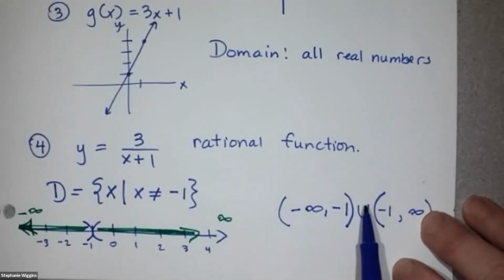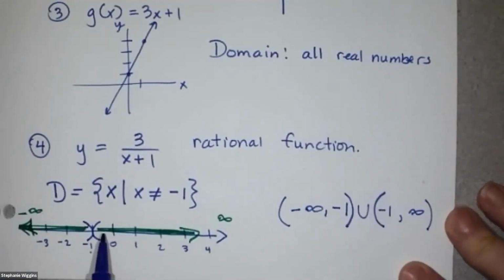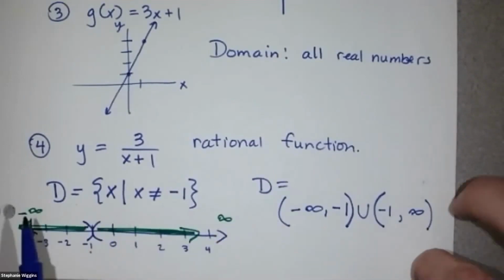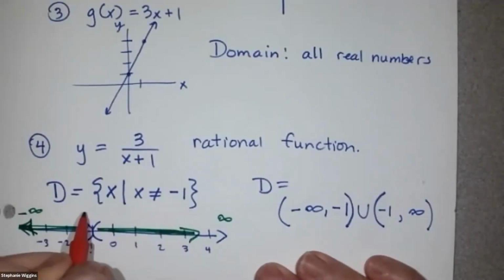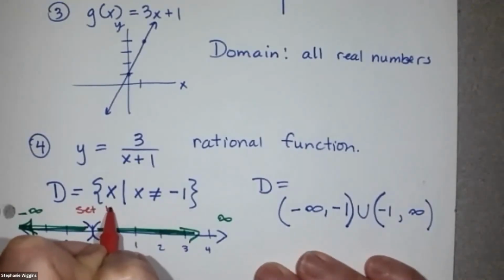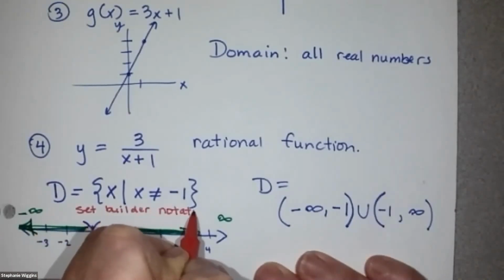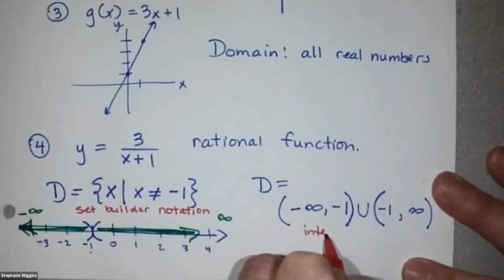So this interval represents this half, which is less than -1, and this interval represents the positive side of -1. So we have two intervals joined together, and this is our domain. So this is set builder notation. That's what we call it. And this is interval notation.